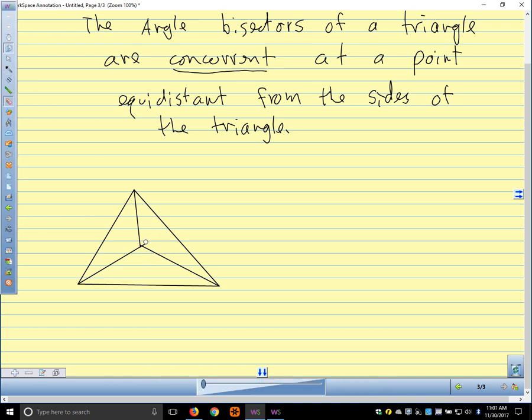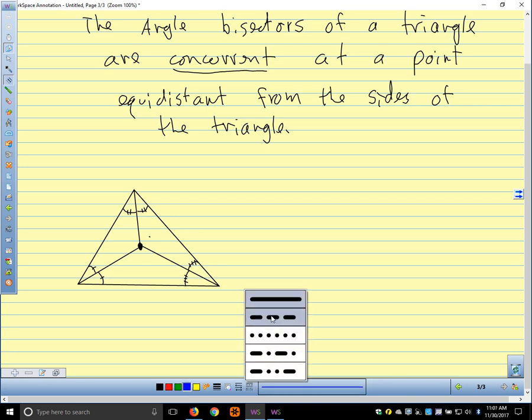The way we can tell we have the angle bisectors is all of these angles would be congruent in pairs, so we're cutting each of the angles in half. All of those angle bisectors are going to meet at a point, and that point is the same distance from the sides of the triangle.